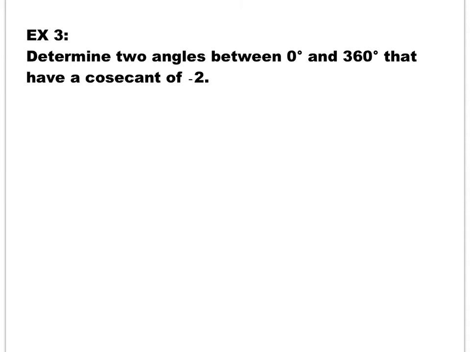The next question says, determine two angles between 0 and 360 that have a cosecant of -2. We know by definition that cosecant is 1 over sine A, which is equal to -2 over 1. If I flip the two fractions, I get sine A is -1 over 2.